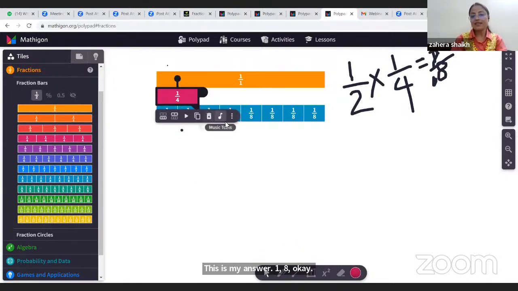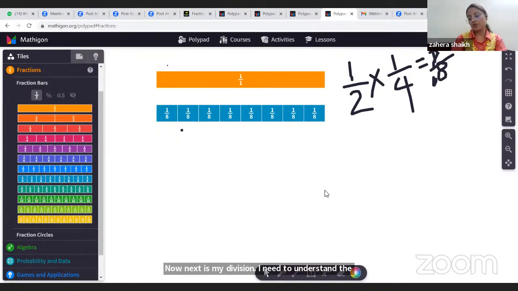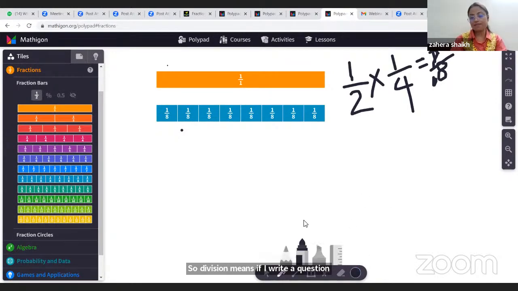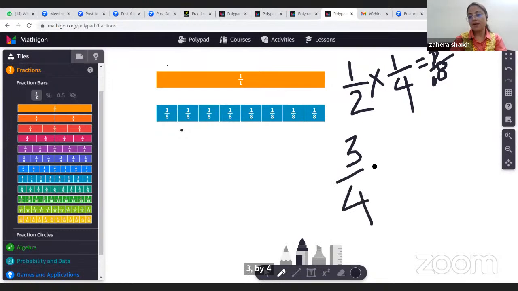Now, next is my division. I need to understand the division part also. So division means if I write a question like this, 3 by 4 divided by half. Right?